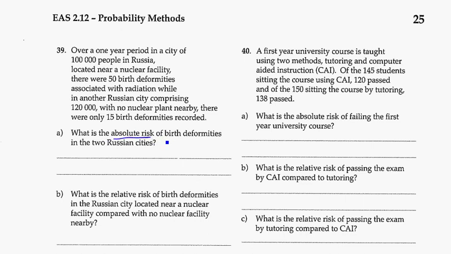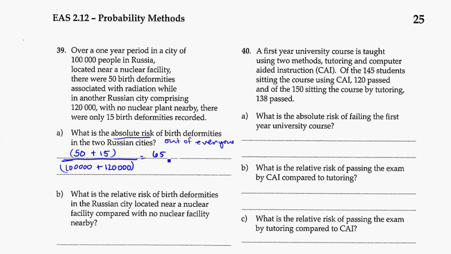So remember, absolute risk is out of everyone. So in a sense, that's going to be the 100,000 people in the city with the nuclear facility near it, and the 120,000 people away from any nuclear plants. And on top is the total number of birth defects, so that's 50 plus 15.